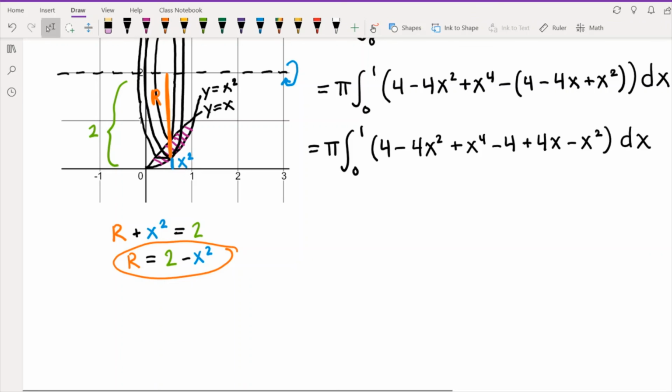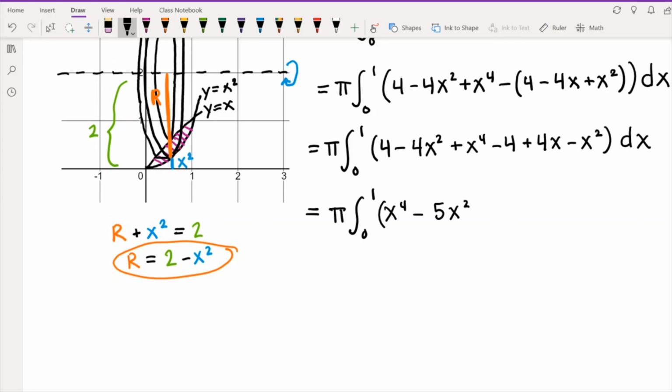So what can we combine here? Well, we have a 4 minus a 4, so that's going to go away. But we're still going to be left with, let's see, x to the 4th. And then we have negative 4x squared minus another x squared, so that's minus 5x squared. And then we have just 1 plus 4x.